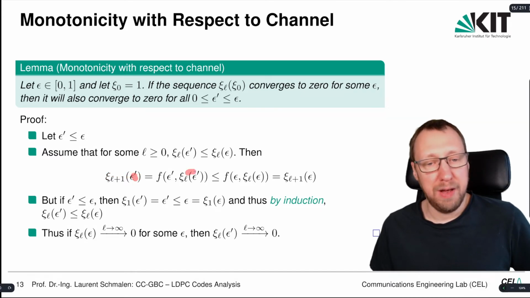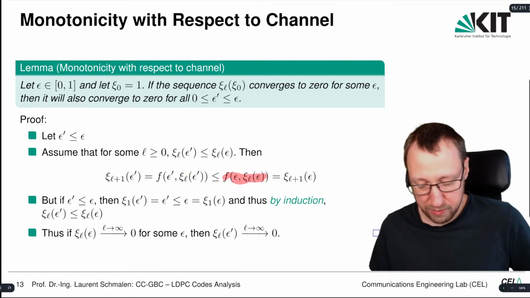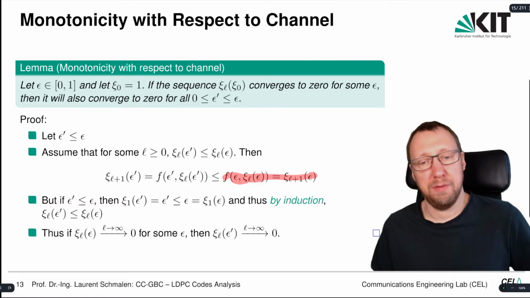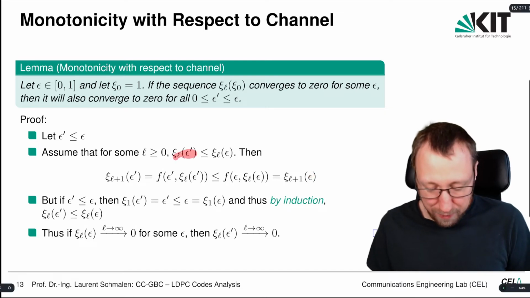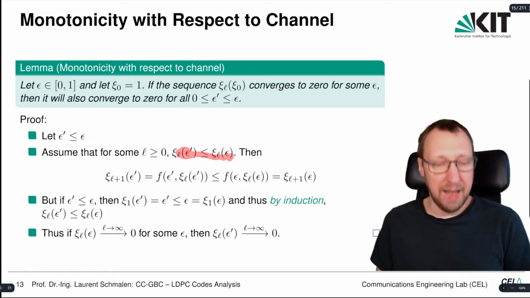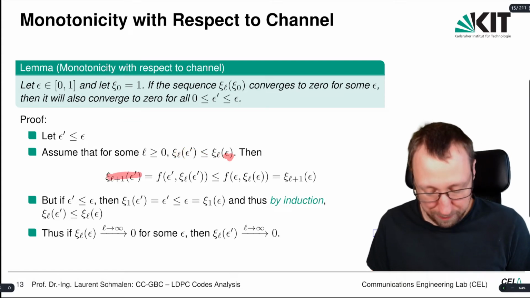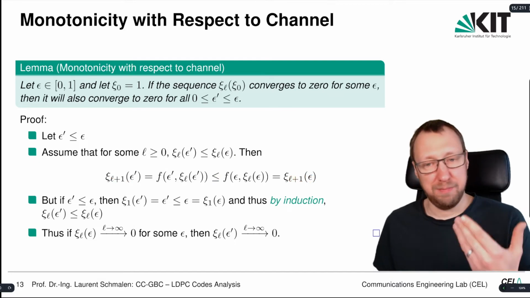This is equal to f of epsilon prime C_L, which is smaller or equal than f of epsilon C_L, which is C_{L+1} of epsilon. So if C_L of epsilon prime is smaller or equal than C_L of epsilon, then C_{L+1} of epsilon prime is smaller or equal than C_{L+1} when we start with epsilon.